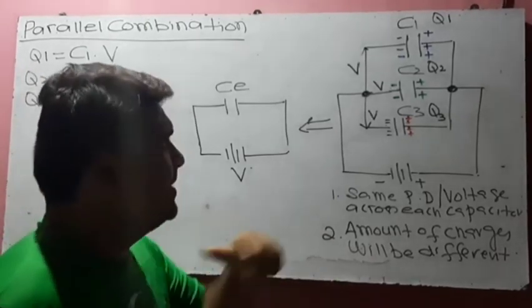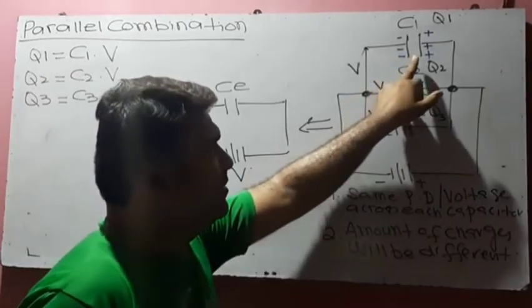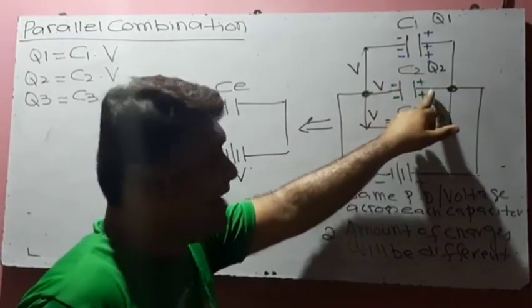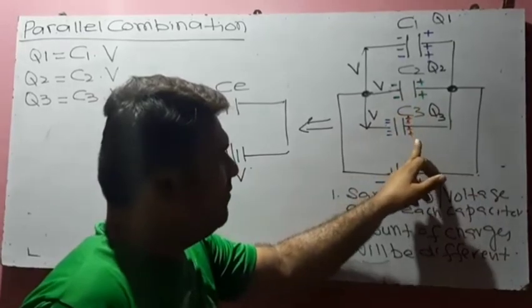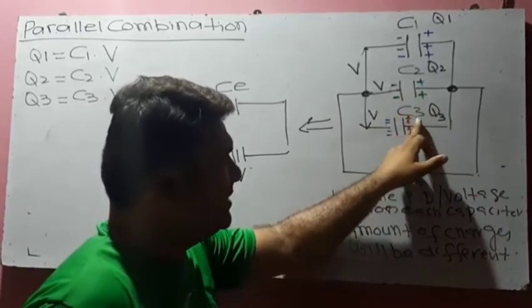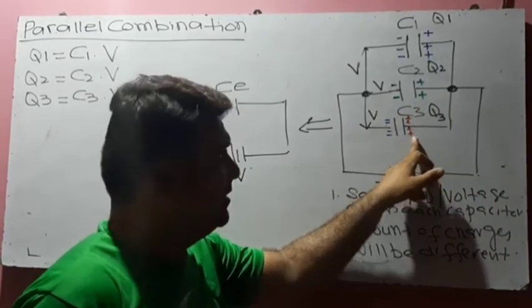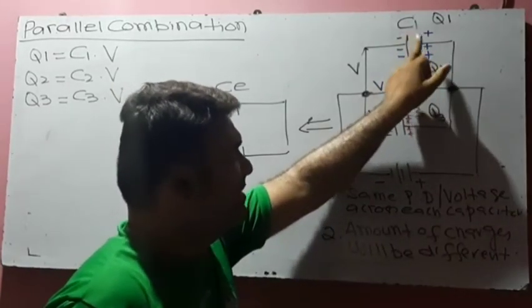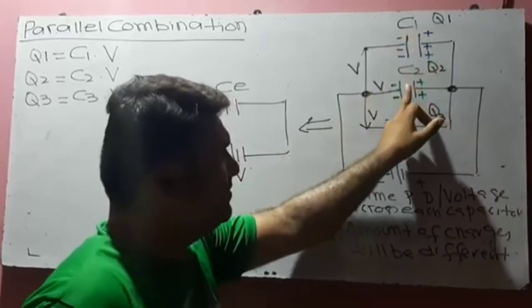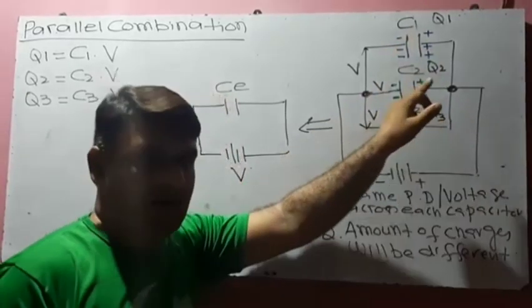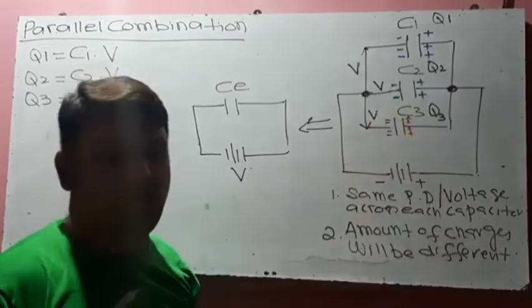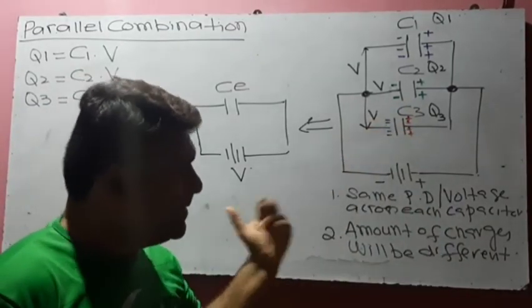In the figure, the first capacitor loses 3 electrons, the second capacitor loses 2 electrons, and the third capacitor loses 4 electrons. So the 3 charges will be stored in the first capacitor, the 2 charges stored in the second capacitor, and the 4 charges will be stored in the third capacitor.